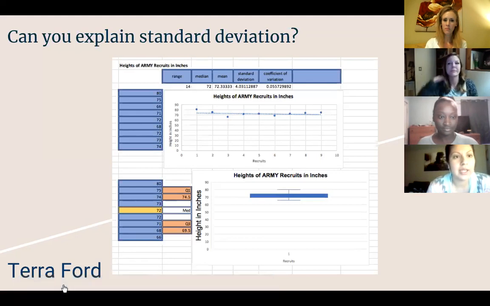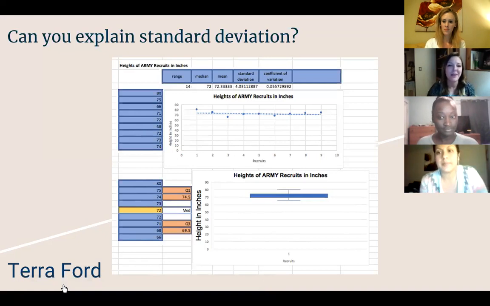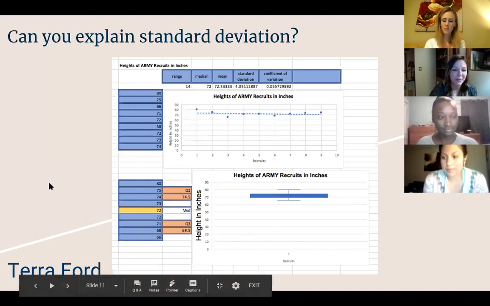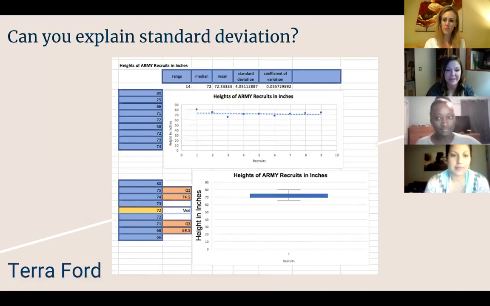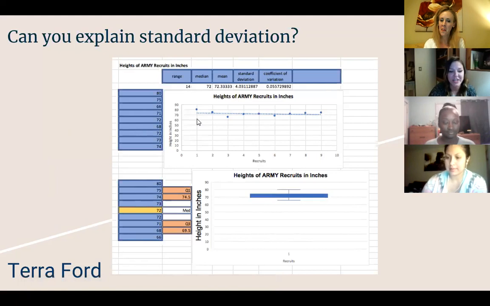Okay, Terra, can you explain the standard deviation? Sure. Okay, in these two charts, we have plotted the height of 9 Army recruits in inches. By calculating standard deviation, we see that we have about 4 inches difference between the recruits. The standard deviation is a measurement that shows the average difference of the data in the table and the mean.